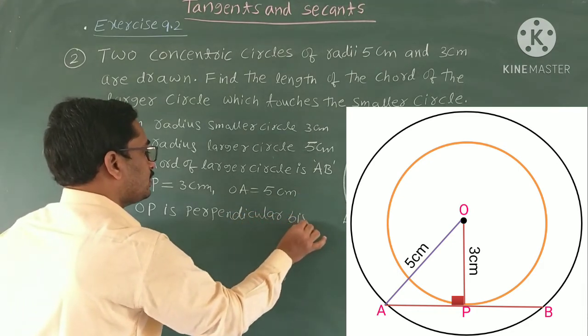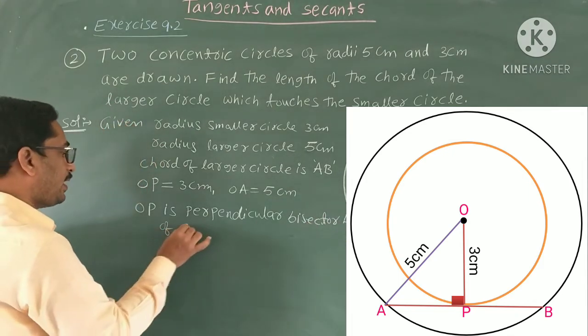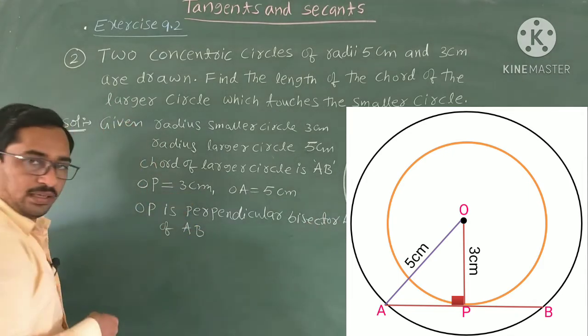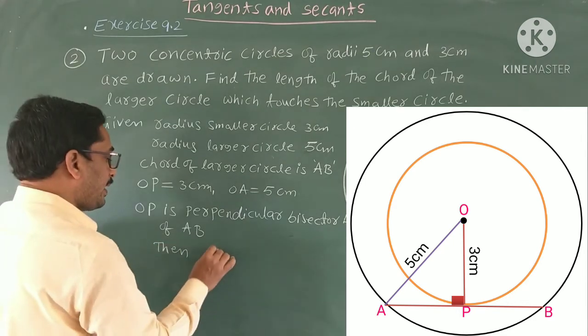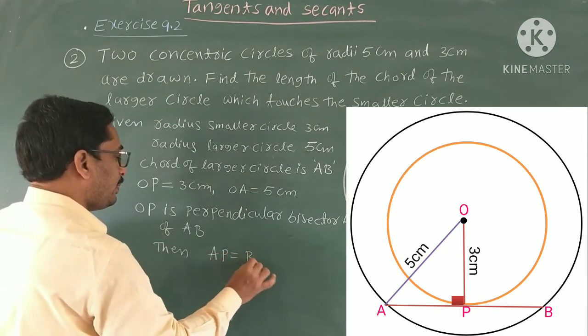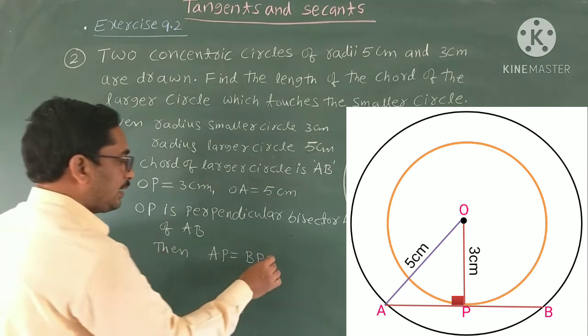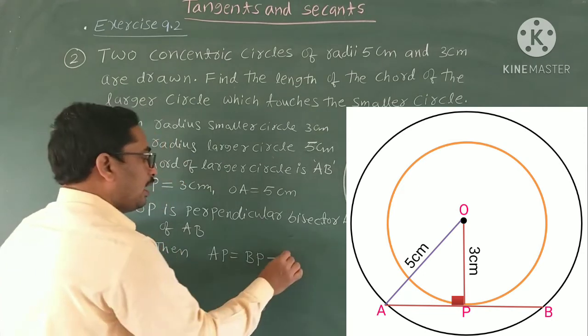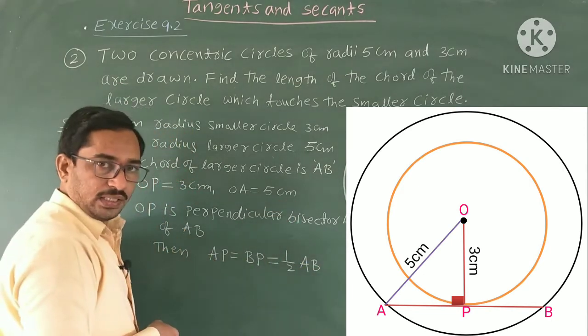If it is the perpendicular bisector of AB, then the distance AP equals BP. A to P distance is the same as B to P distance, and both are equal to half of the length of AB.